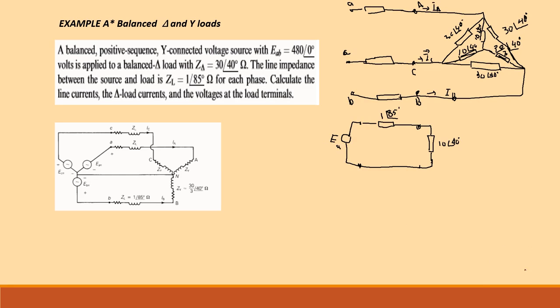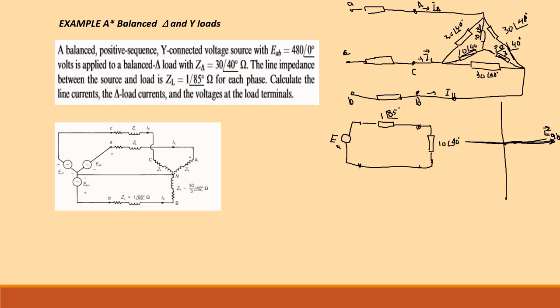And now we should calculate IA. Since the voltage between A and B in the source, EAB, is equal to 480 volt and an angle of 0 degrees, this is the voltage between A and B in this source.